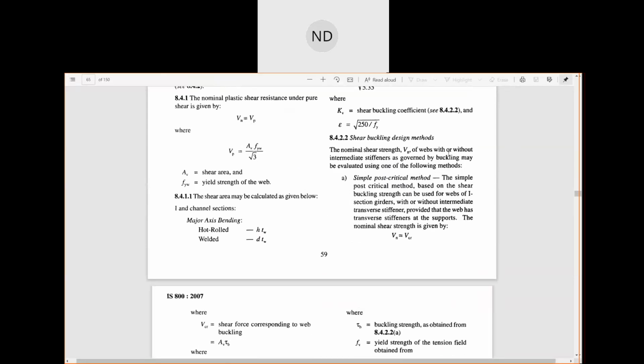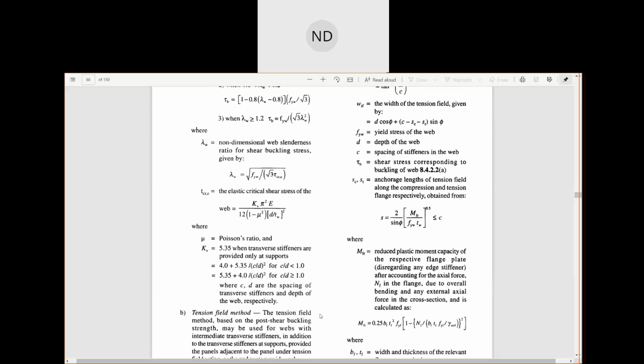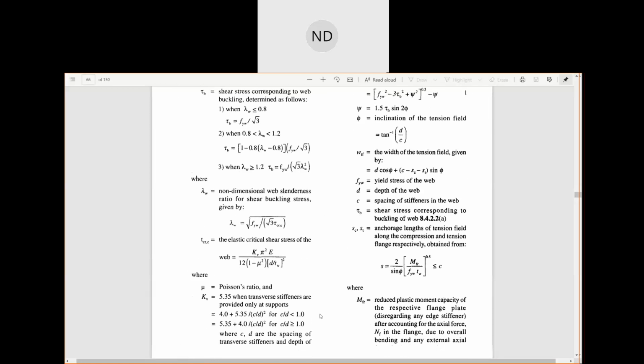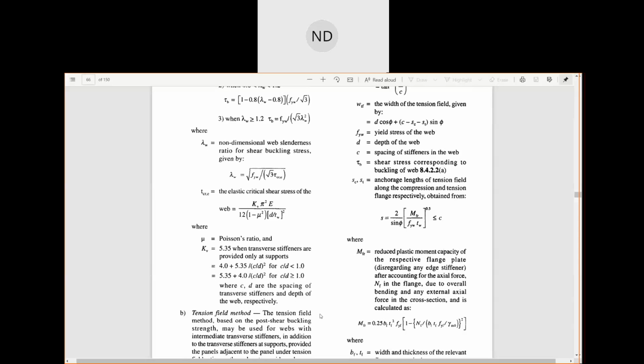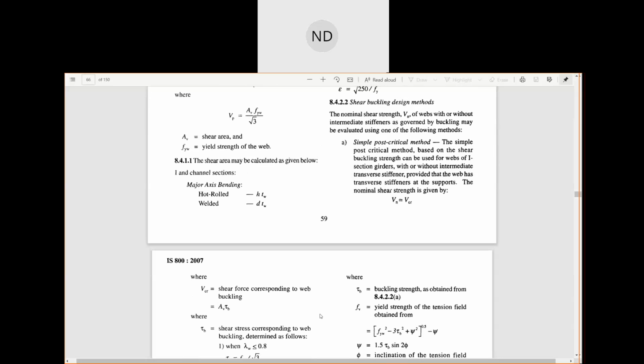We have the nominal shear strength of the webs, with or without intermediate stiffeners, as governed by buckling, which may be evaluated using one of the following methods: the simple post-critical method, or the tension field method. Since we are not using transverse stiffeners, we will go with the simple post-critical method.